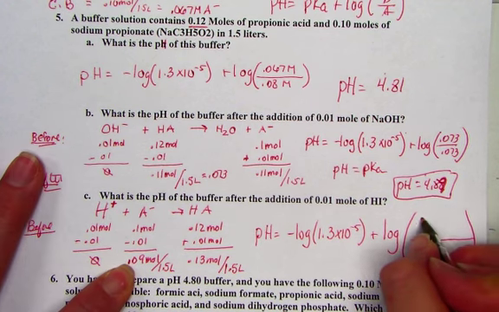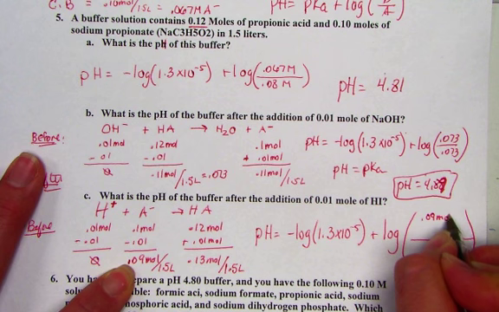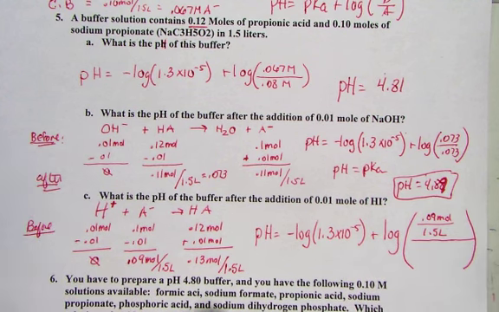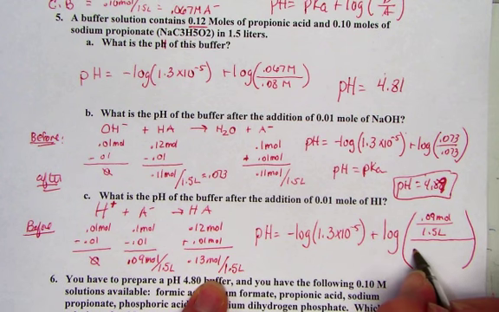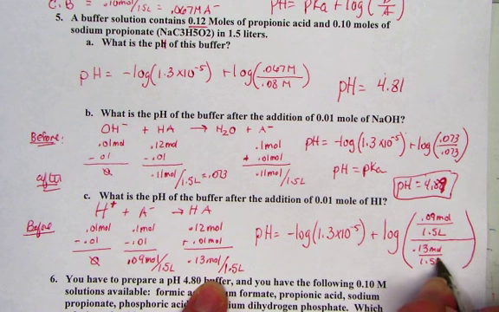The base, 0.09 moles per 1.5 liter, is its molarity, and the acid has 0.13 moles over the 1.5 liters.